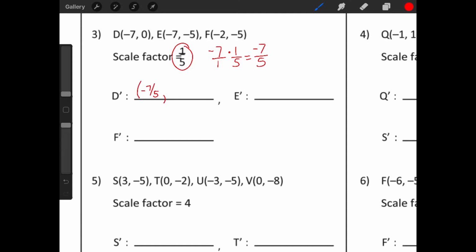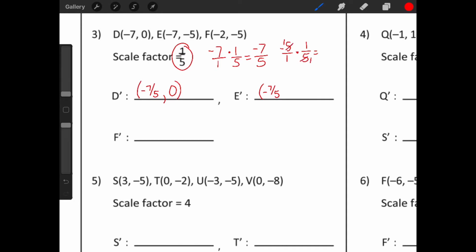Goodness gracious. All right, 0 times any scale factor is just going to remain 0. It just means that you're still on an axis of some kind. So there we go for that one. E is going to be the exact same thing as D because it's -7 again. So it's going to be -7/5 again. And -5 is going to be -5 over 1 times 1 over 5.